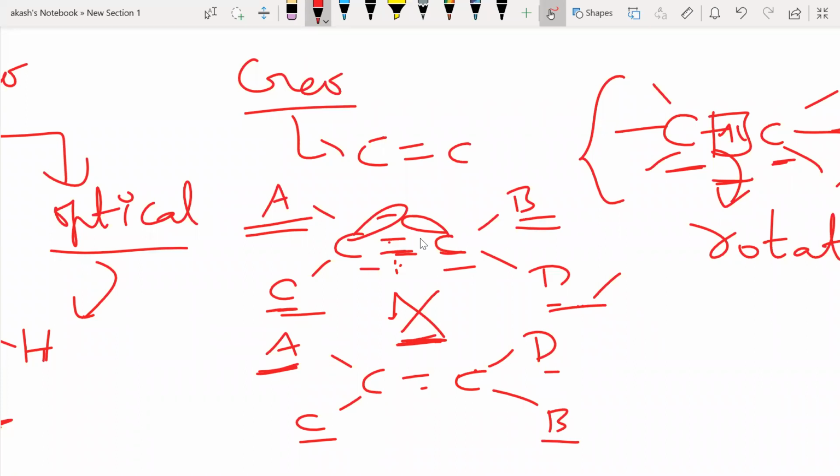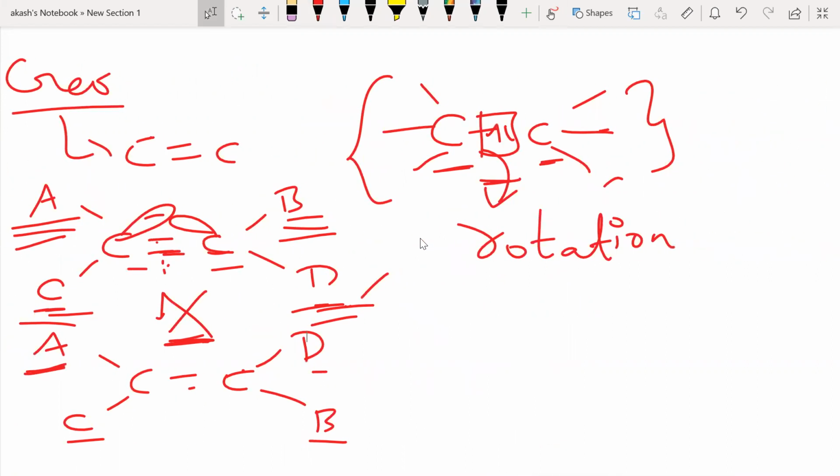So that is why in double bond or triple bond, the rotations are not possible. Whatever the orientations, whichever place I'm writing this ABCD, all these I am just putting in various positions and checking whether they are different or the same. But in the single bond case, you will get different orientations of atoms in 3D space, not because of me. The molecule is rotating, and because of that, the orientations are different.